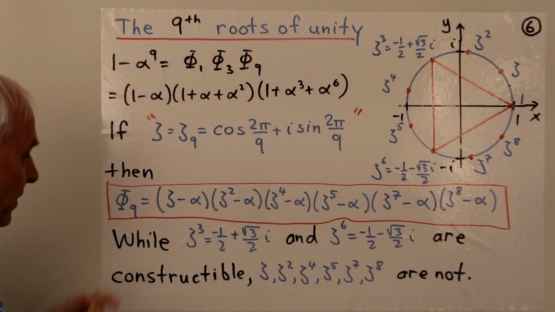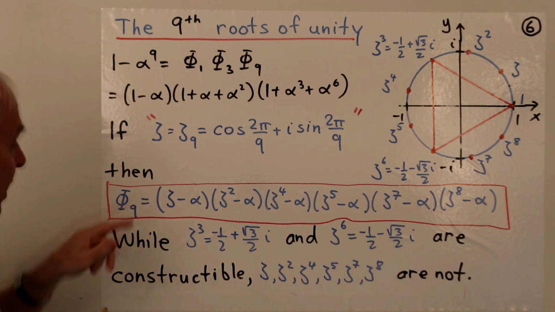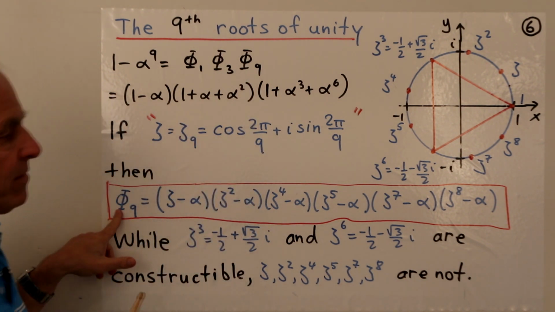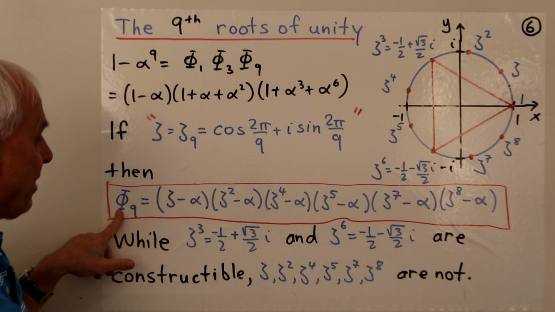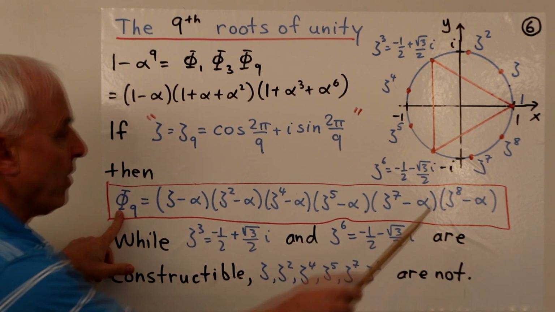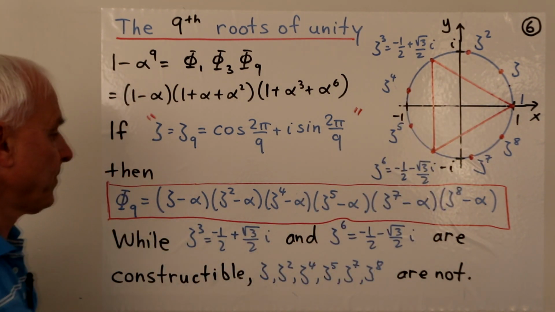Now, in terms of this zeta, which you can't actually get at, but we'll talk about that in a second, the cyclotomic polynomial phi sub 9 can be expressed as the product of these 6 linear factors, one for each one of these primitive 9th roots of unity.